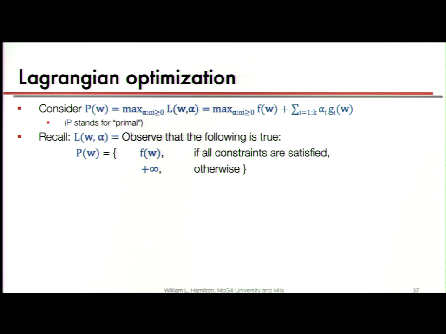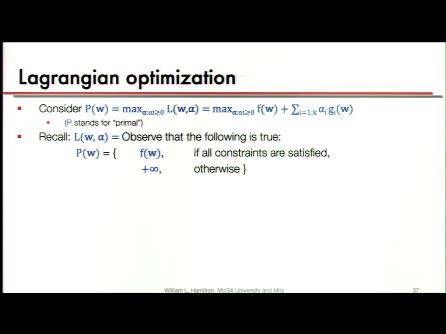And why do we do this? Well, the first thing we can actually look at is if we represent, so this is the primal p here, what we can say is that if we actually maximize these alpha i's with respect to this Lagrangian, so what we're doing is we're taking, again, f, the thing we're trying to minimize, plus the sum over all of our inequality constraints, each one times its own Lagrange multiplier.